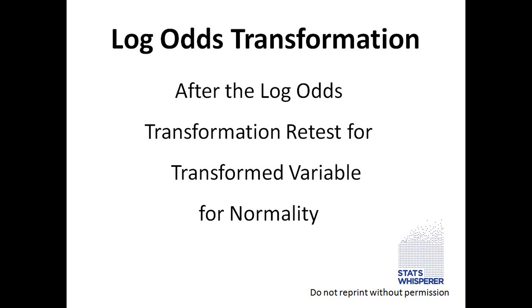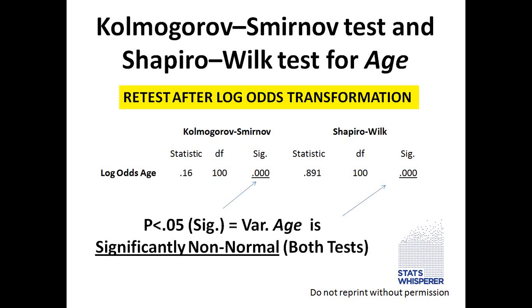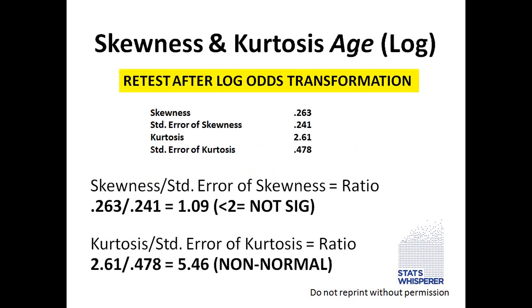So after the log odds transformation, we want to retest the transformed variable for normality. So we do it the same way. So you could even see that the tests here both indicate still significantly non-normal, even with the log odds transformation. Also, even if we apply our other criteria, while our skewness is still okay, the kurtosis is still 5 times its standard error.